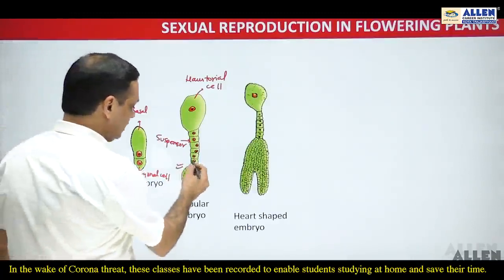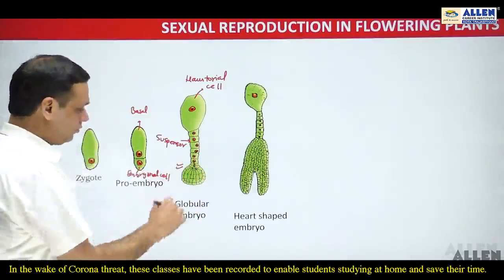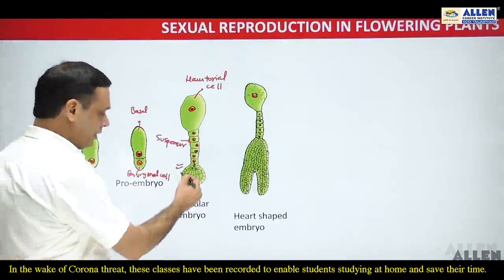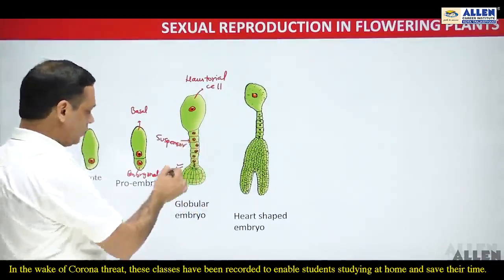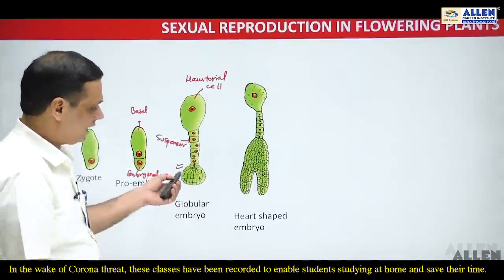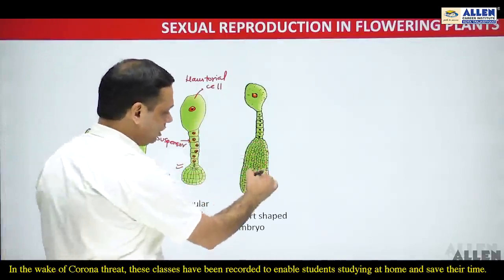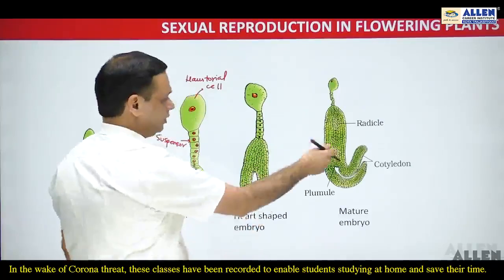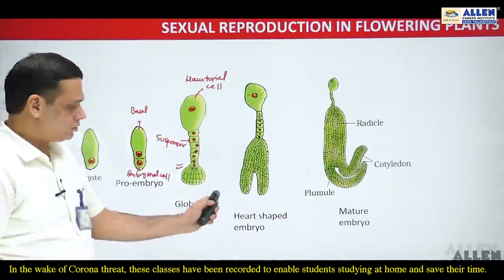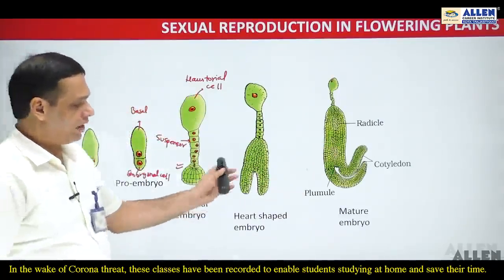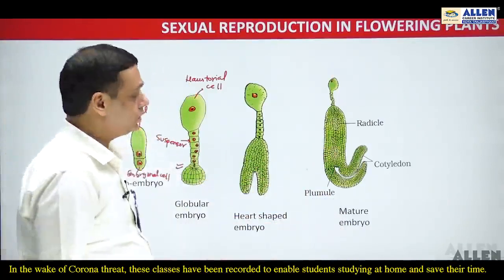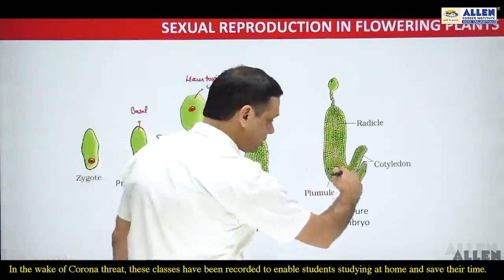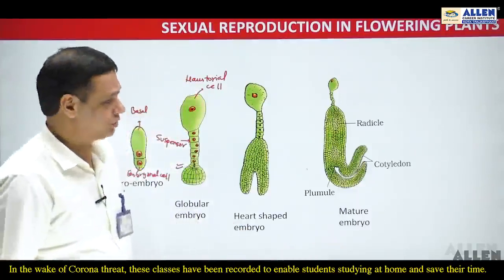After the globular stage, repeated mitotic divisions are carried out in the embryonal cell and finally form the heart-shaped stage. Repeated mitotic divisions in the heart-shaped embryo finally form the mature embryo, which is curved in nature, that is, the torpedo stage.